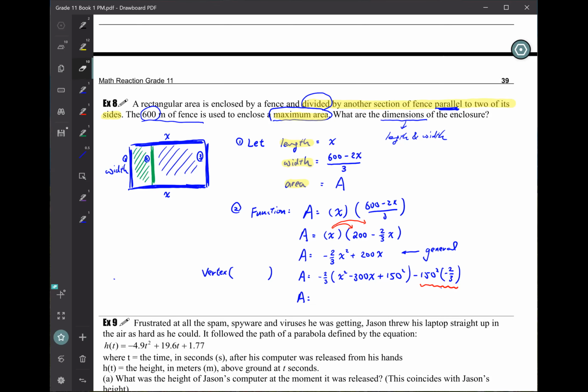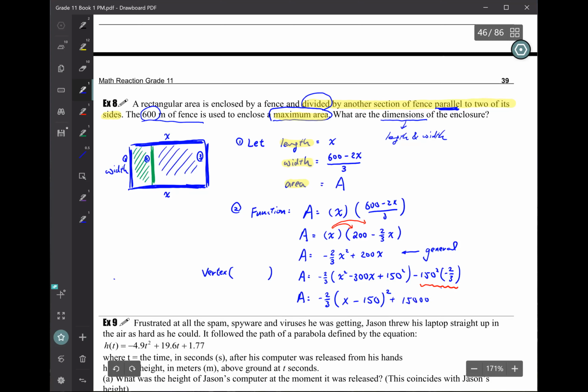Just let me know you tried it, you got something down, then we'll check the answers. Okay, Waylon, can you tell us your standard form? I got A equals negative 2/3 bracket x minus 150 bracket squared plus 15,000.